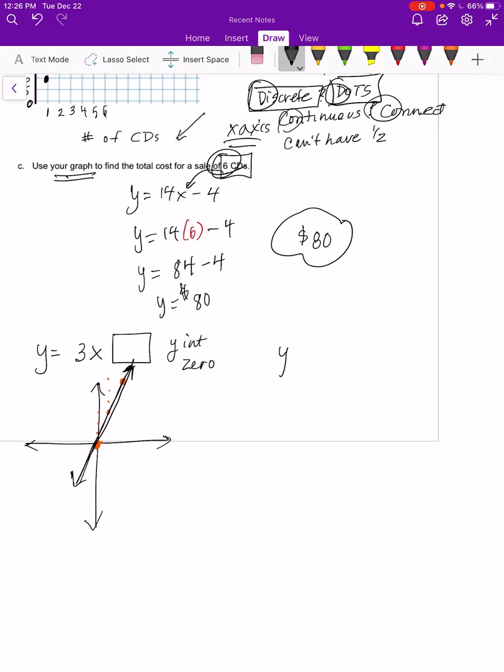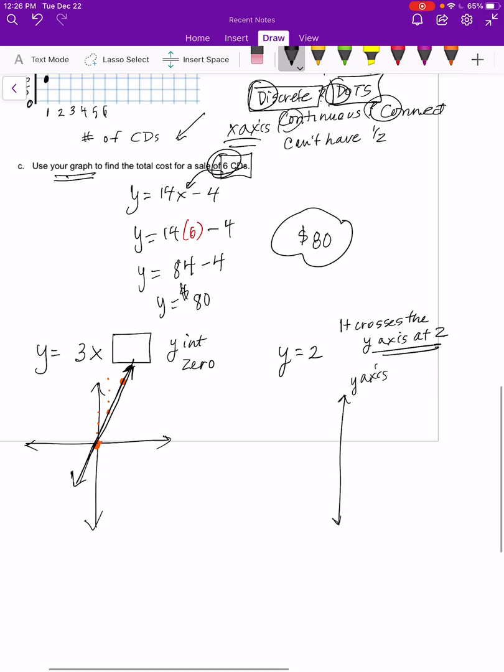Notice you also have this, and we've talked about this a couple of times, but I want to talk about it again. y equals 2. Whenever I see that, I think to myself, it crosses the y-axis at 2. Here is my y-axis, and here's my x-axis.